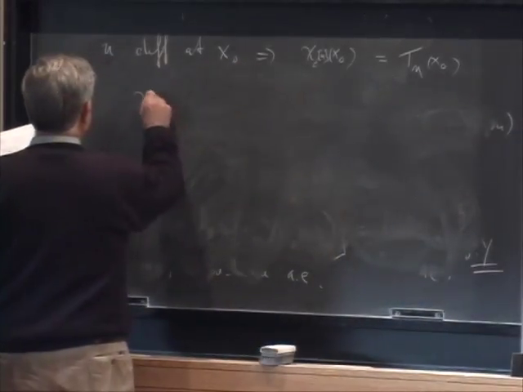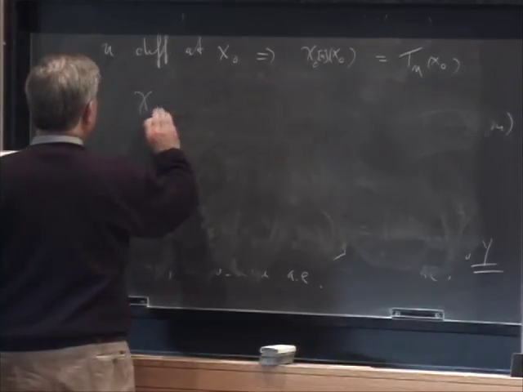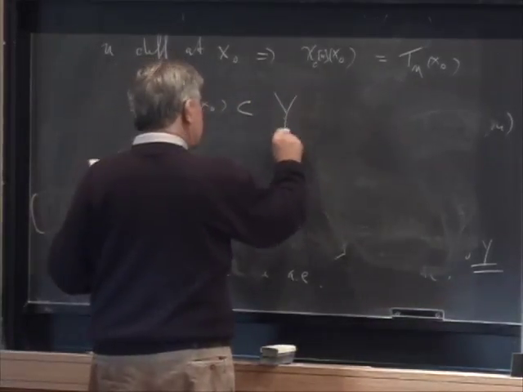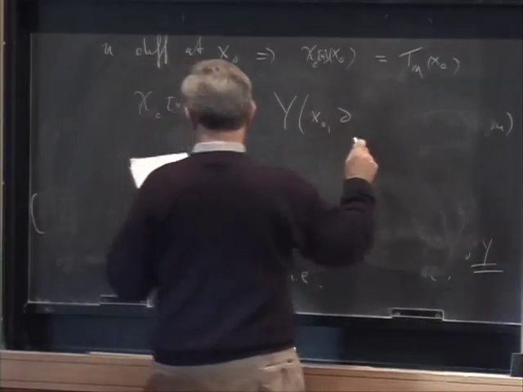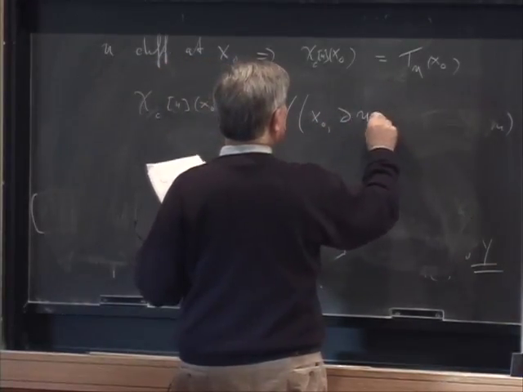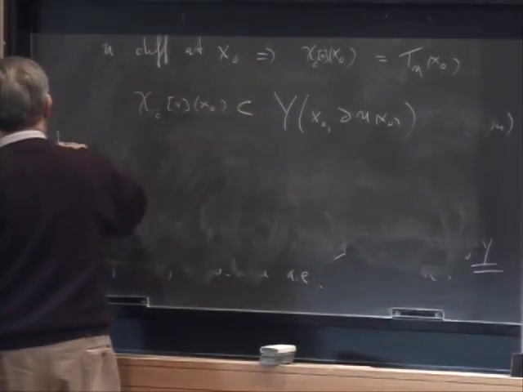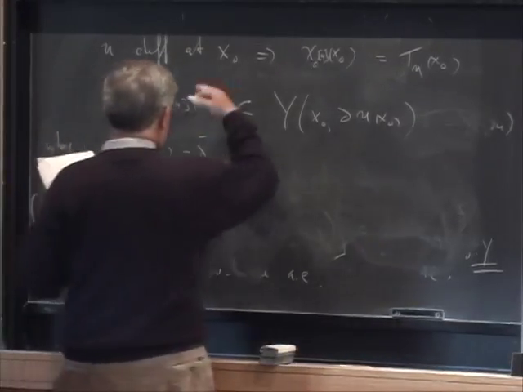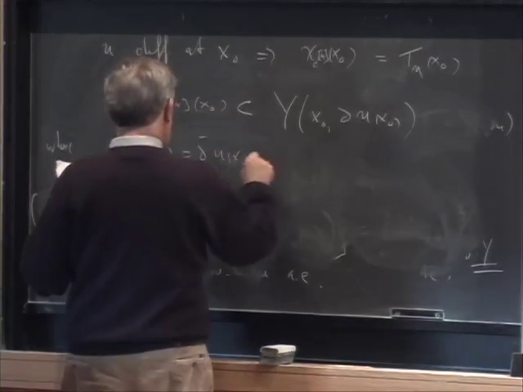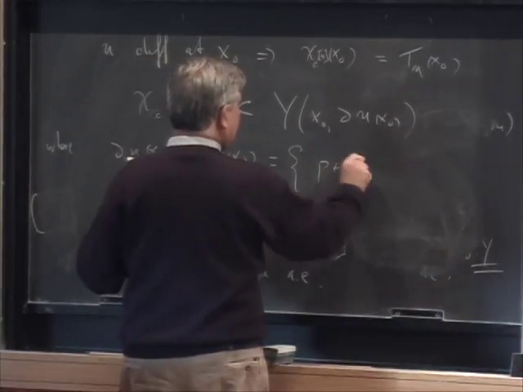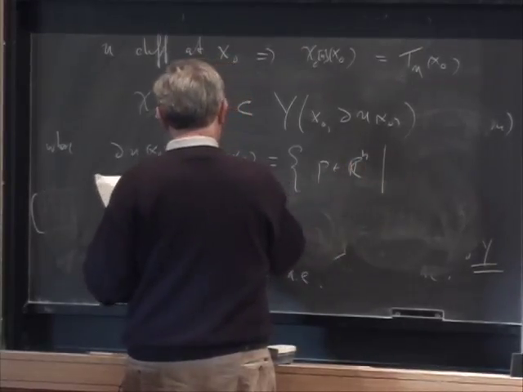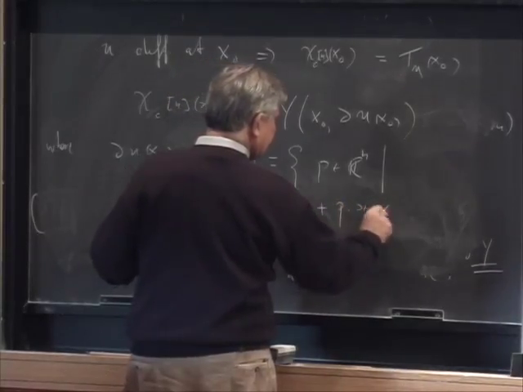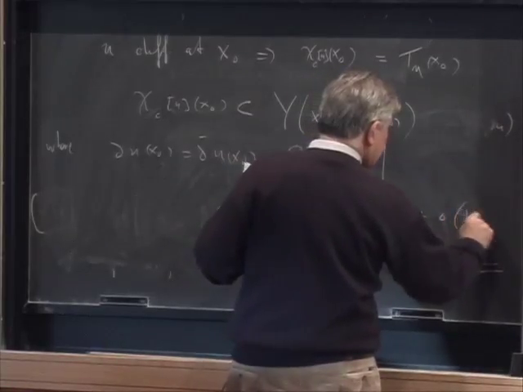Okay, and there's another relation here which is important. χ_c u at x0 will always be contained in the image under Y of the subgradient of u at x0, where I define the subgradient this way: ∂⁻u(x0), coming from below, is the set of p in R^n such that u(x) is greater than or equal to u(x0) plus p dot (x minus x0) plus little o of |x minus x0|.